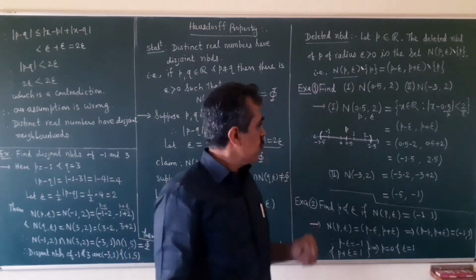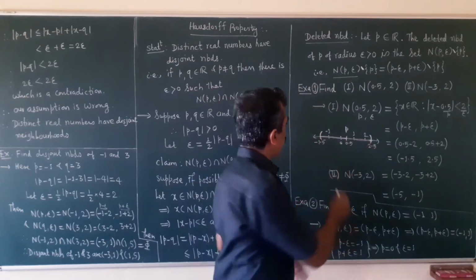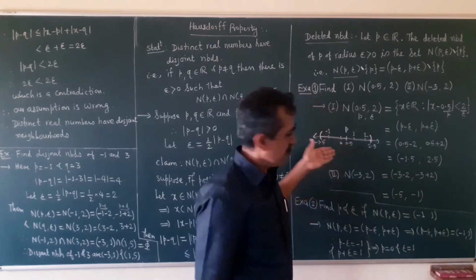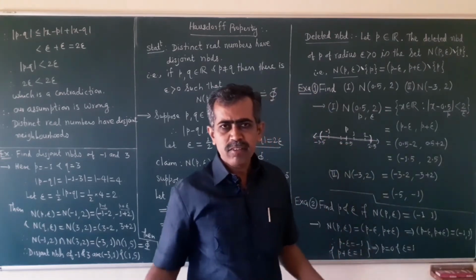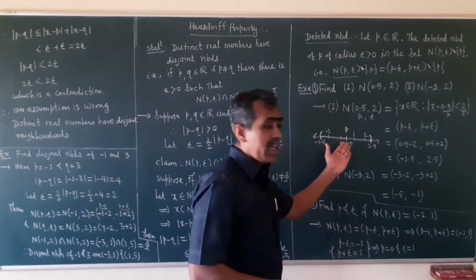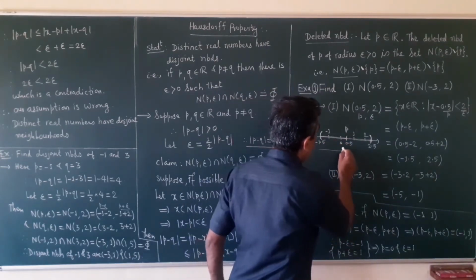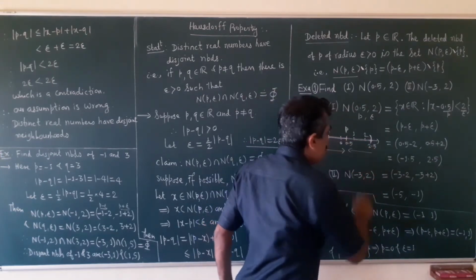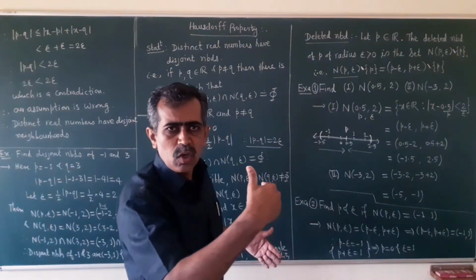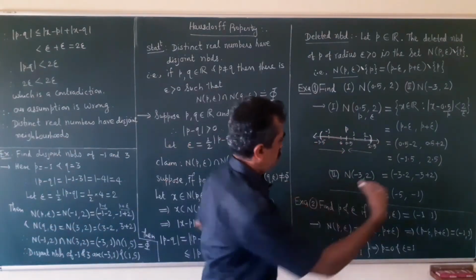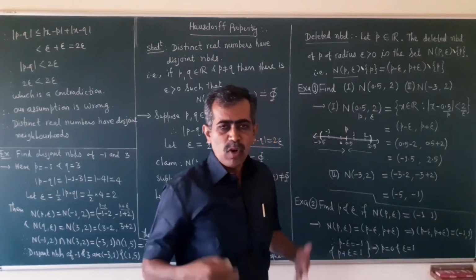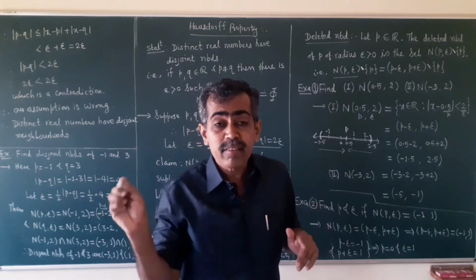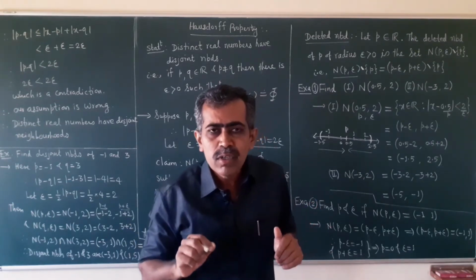If you consider a real line and suppose x tends to 0.5, whether it tends from the left or from the right, x tends to 0.5 implies x is not equal to 0.5.